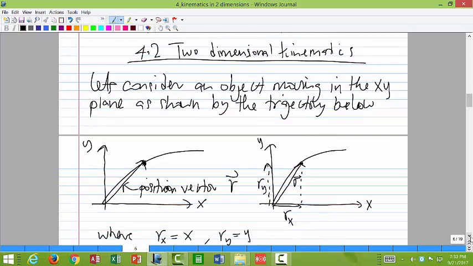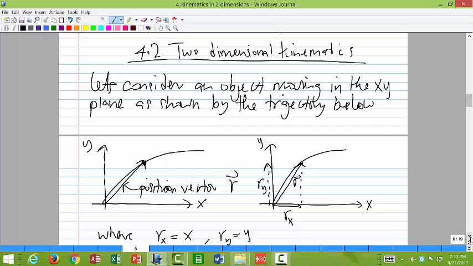So I've drawn a few trajectories below for an object moving in the xy plane. And so you can see that I've drawn an arrow from the origin to a point along the trajectory, and that is an arrow that represents a position vector for that point.